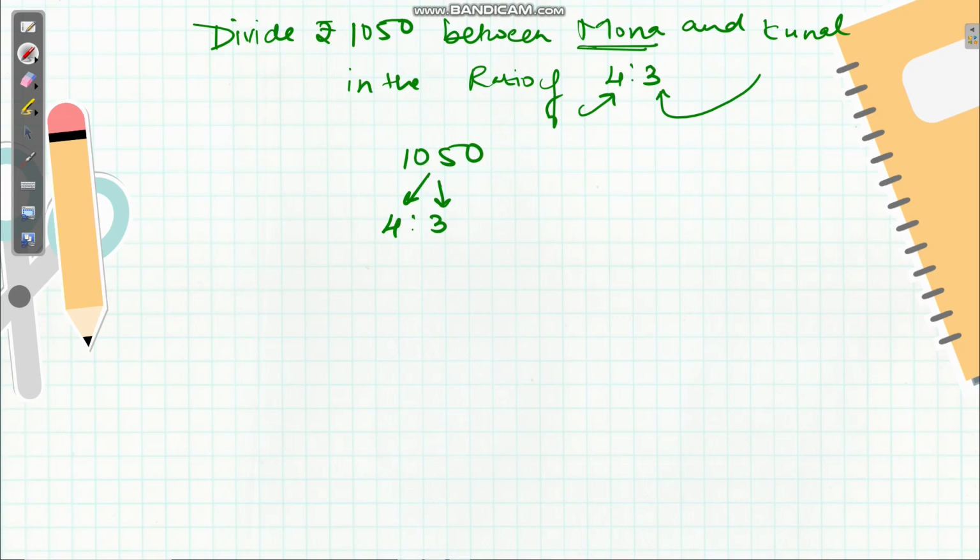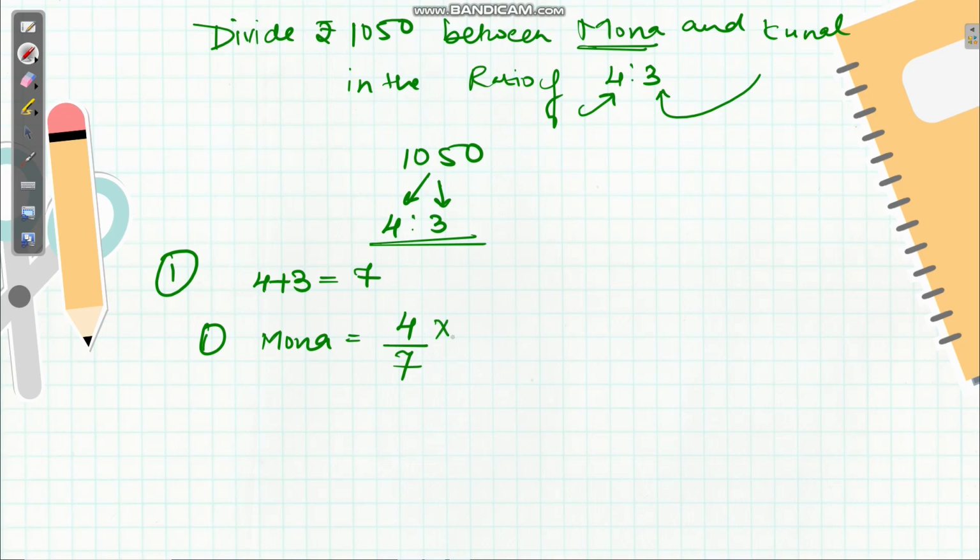So from here there are two ways to solve. The first way is, what is the total of their ratio, that is 4 plus 3, that is 7, correct? Now let's see how much Mona is getting. Mona is getting 4 parts out of a total of 7. 4 out of 7.